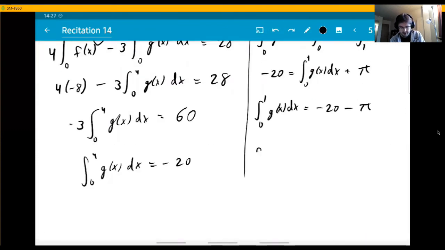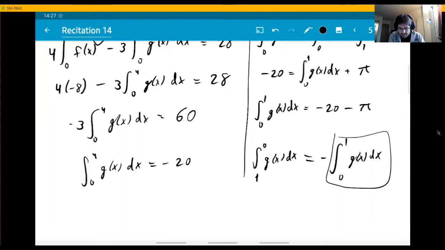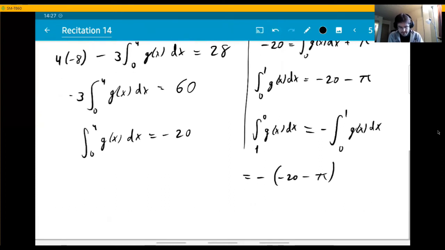So that was the last of the properties that I wanted to mention about integrals. It's that when you flip the endpoints of integration, by convention, by definition, what it means is just introducing a minus sign in front of the integral. So, and this one is the one that we know, -20 minus pi, together with this outside minus will make 20 plus pi.